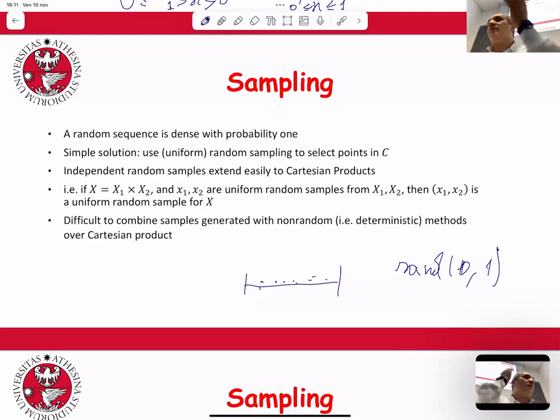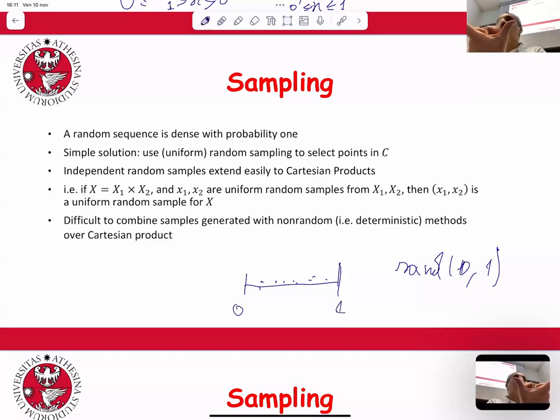In fact, you know that this is not a real random number; it's a pseudo-random number because I have the seed, etc. But forget about it. Suppose that we had a true random generator in our PC. Then this sequence of numbers, if you consider a long sequence of numbers, is dense with respect to the 0, 1 segment.